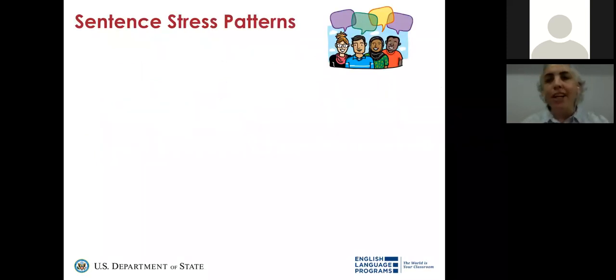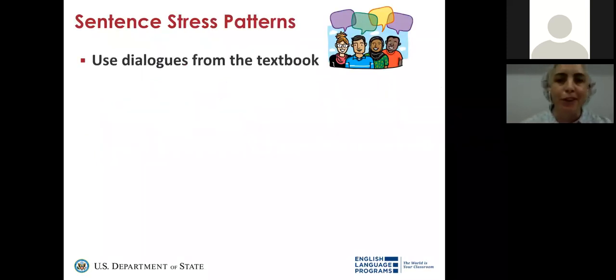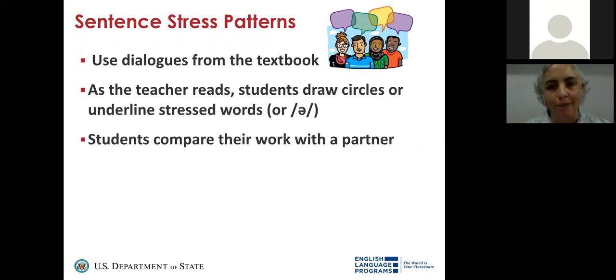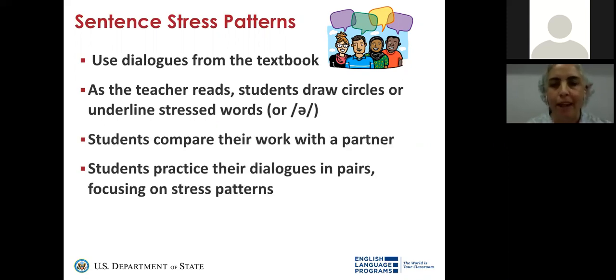Ideas for how to use these in your class with your students. One thing you can do is take dialogues from your textbook, and when the teacher reads, have students draw circles or underline the stresses that they hear in the dialogue. Then together with a partner, they compare their work, and then they practice the dialogue in pairs, focusing on the stress patterns that they just heard.